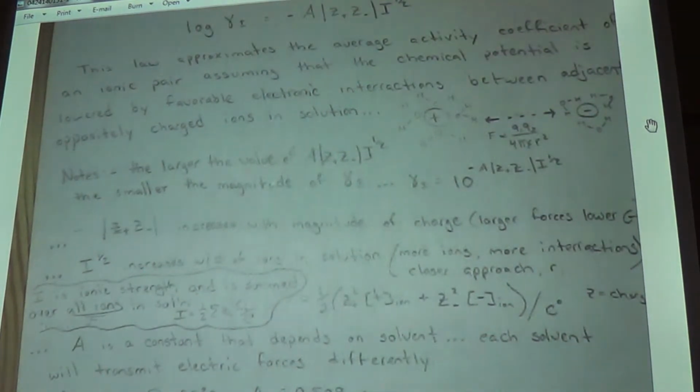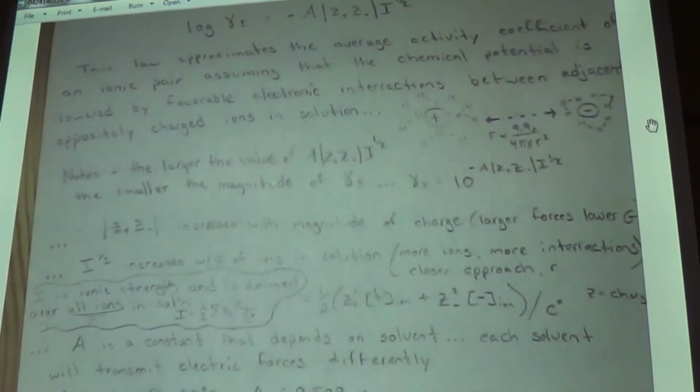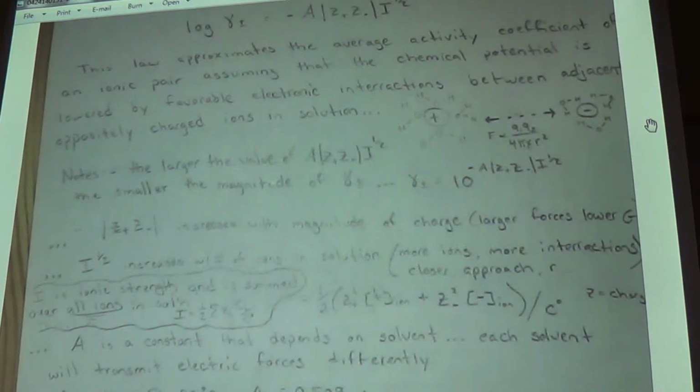As the z's grow in magnitude, the amount of force that those ions feel between each other in solution increases, right? And that force is going to lower the chemical potential. Therefore, as charges go up, the activity coefficient goes down, which indicates that the chemical potential drops, right?